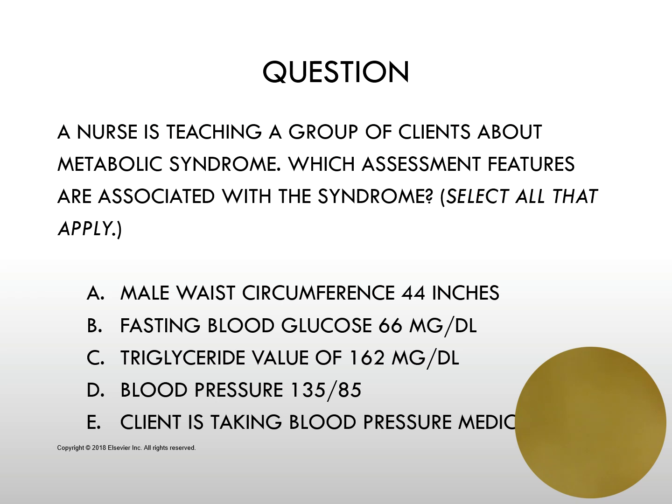And hyperlipidemia, with a triglyceride level of 150 or more, or they're on drug treatment for elevated triglycerides. High-density lipoprotein, the HDL, or cholesterol level less than 40 for men and less than 50 for women.